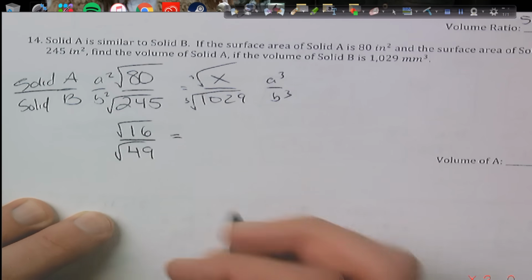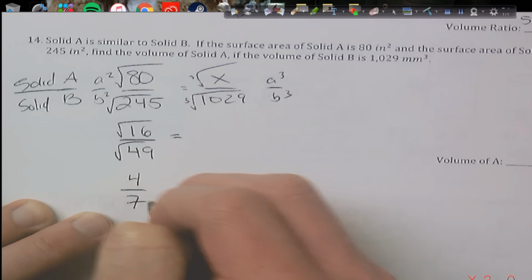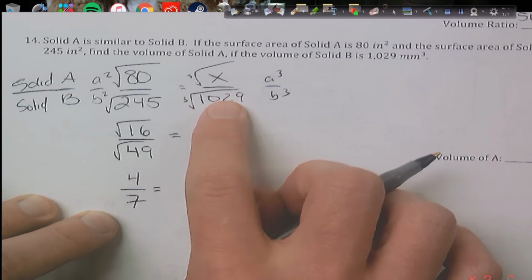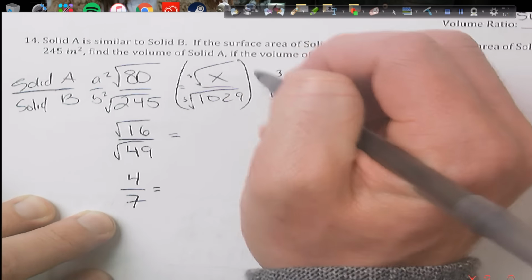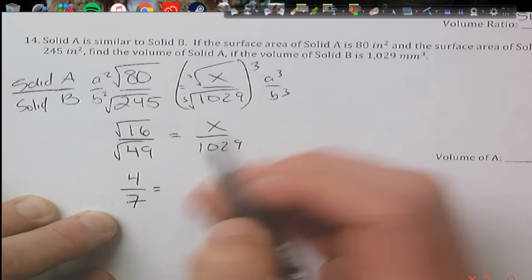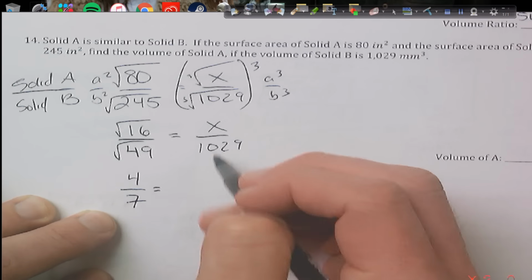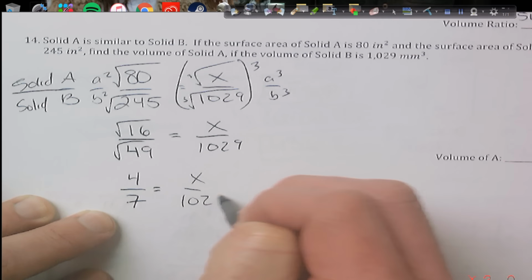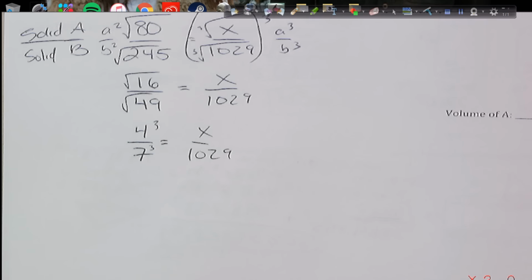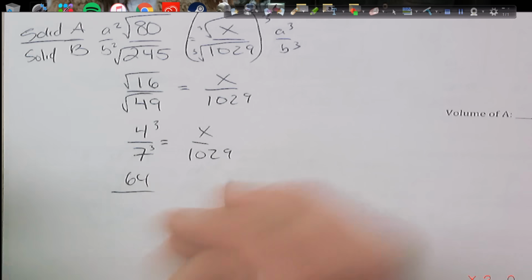All right. So the square root of 16/49 is 4/7. And I kind of leave this part blank here because I don't want to cube root these, so I'm just going to cube the whole thing. That will break this down to here. But if I cube one side, what do I have to do to the other side? I have to cube it as well. Okay? So 4 cubed is 64, and 7 cubed, I believe we just did a second ago, and I think it was 343.